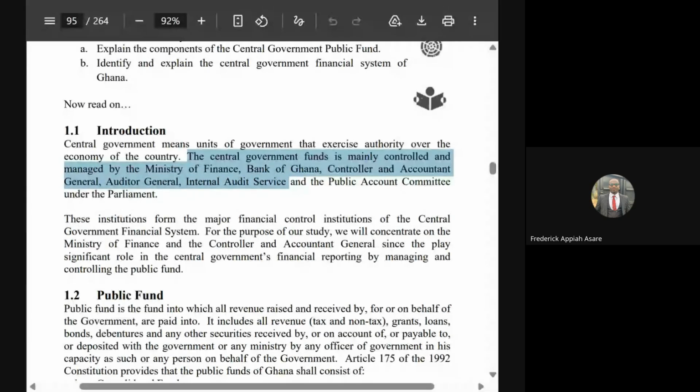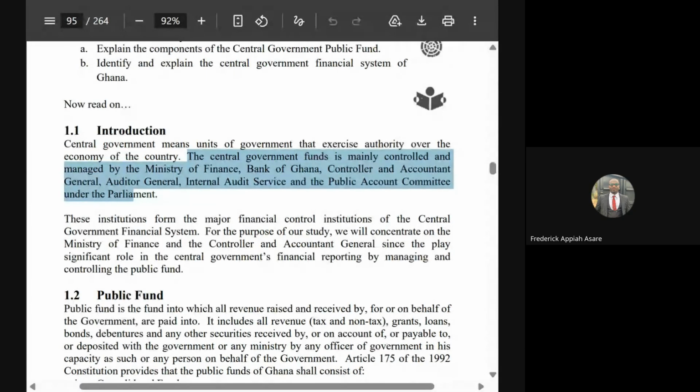The Internal Audit Service makes sure that whatever the Minister of Finance says should be spent, they've done the right thing. Then the Public Accounts Committee also puts the Minister of Finance in check to see whether whatever they are doing is right.